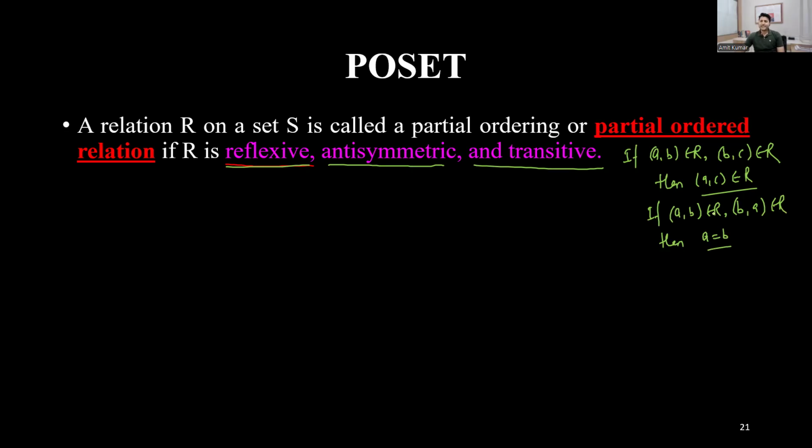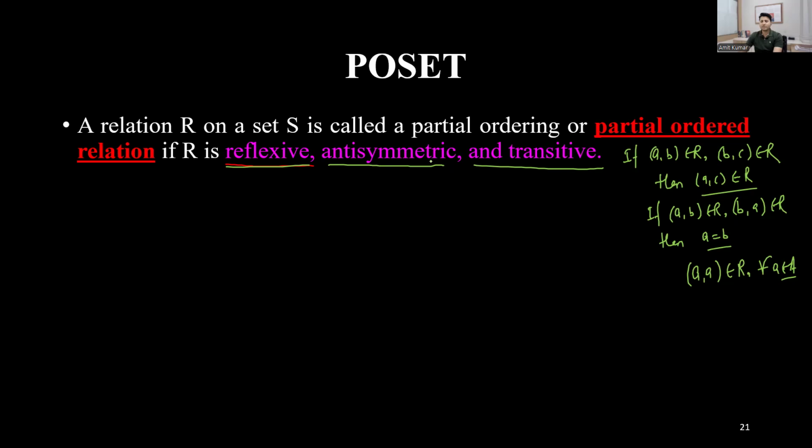If (a, b) is in R and (b, a) is in R, then a must equal b. In the same manner, a reflexive relation is one where whatever a we choose from the set, (a, a) must belong to R. These things we already discussed in the last session. So this is what a partially ordered relation is.